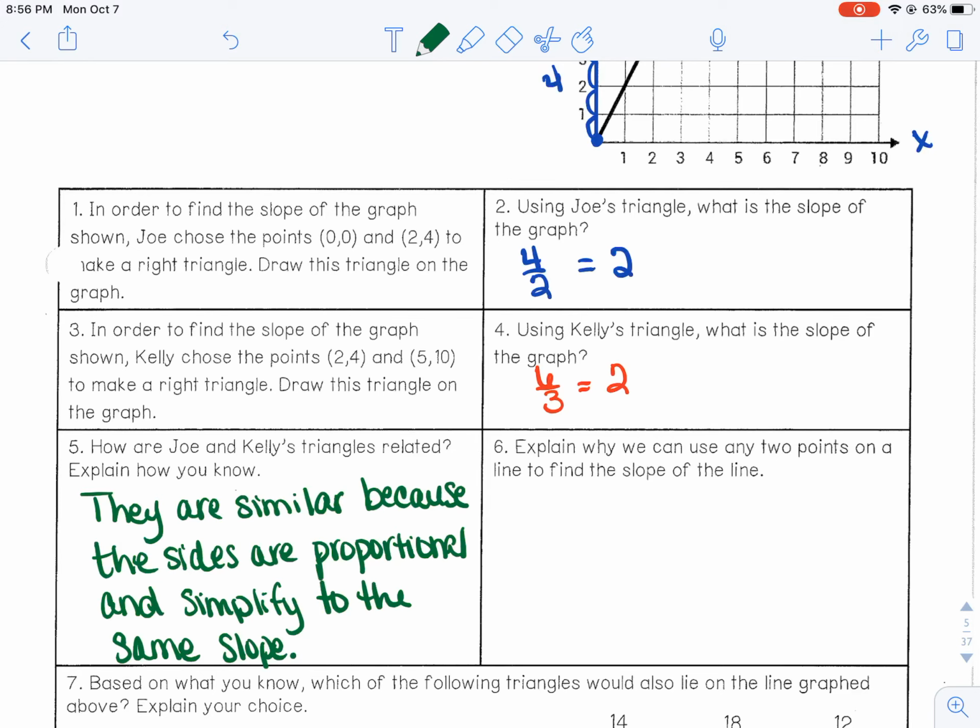It says, explain why we can use any 2 points on the line to find the slope of the line. It's because the slope of a line is constant. So it doesn't matter the 2 points.